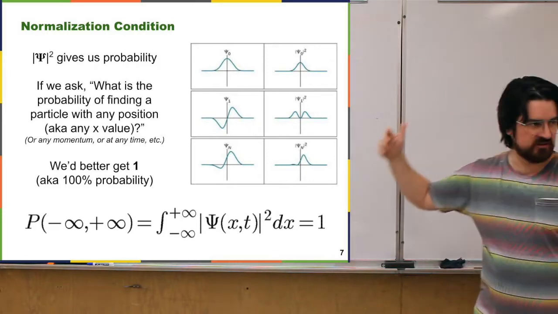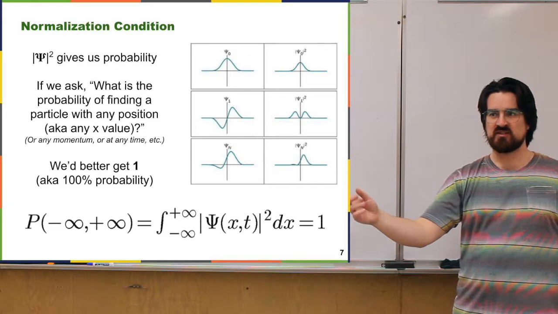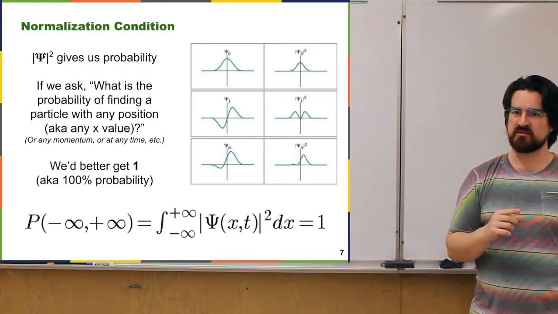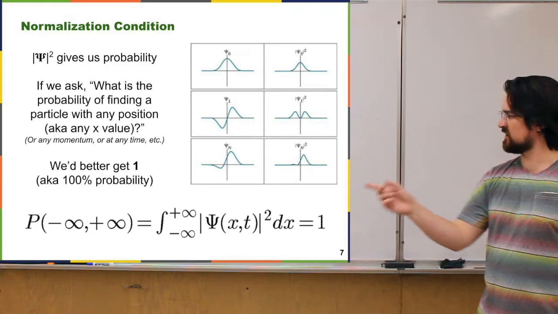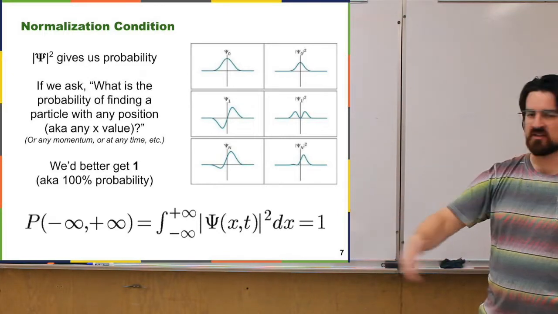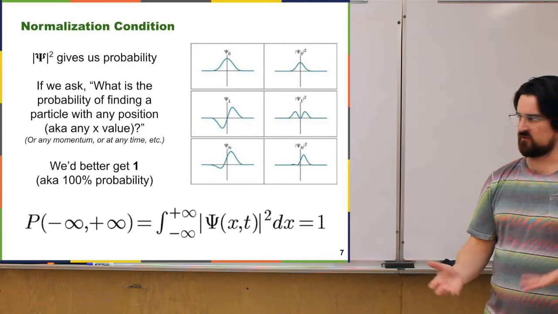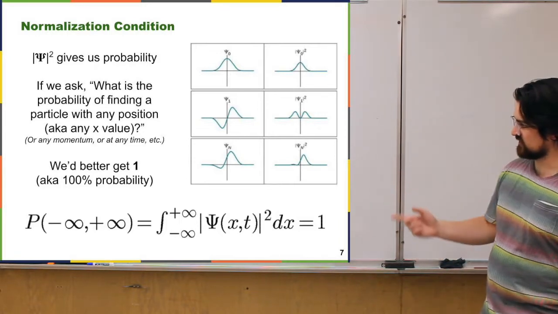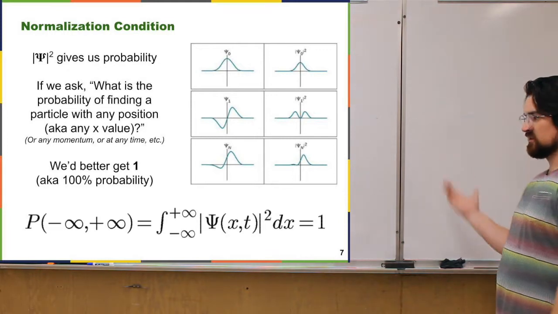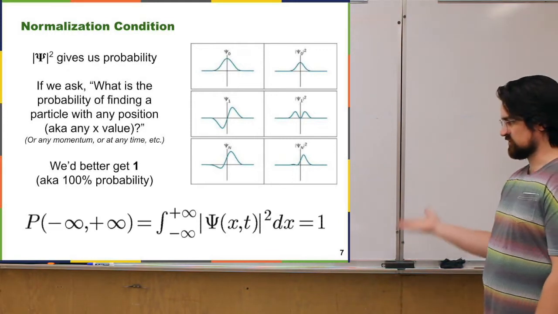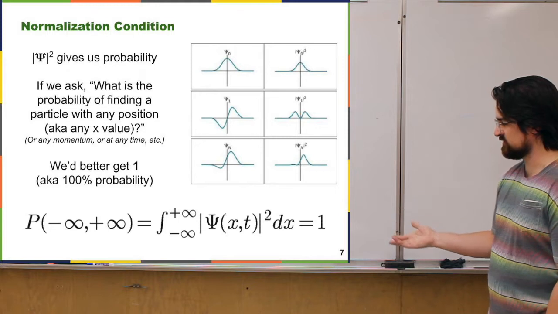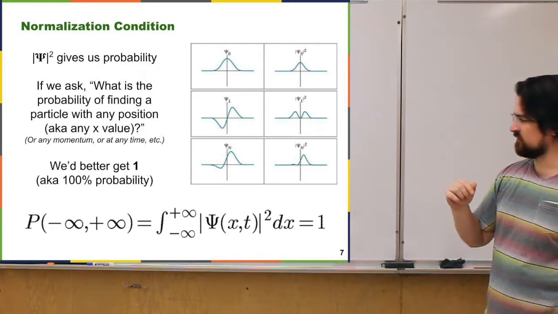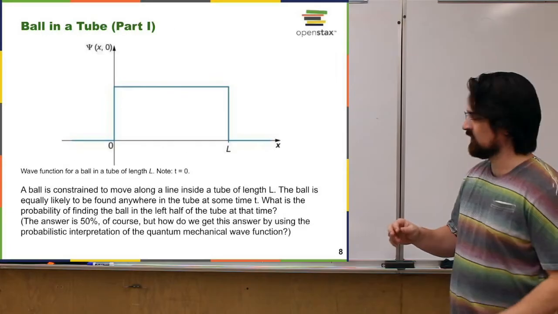Because if I look along the entire x-axis, there better be a 100% probability that I'm going to find the particle somewhere. If I take the whole line into account, the probability that I find it is 100%, equal to 1. Mathematically, that means the probability from minus infinity to plus infinity is the square of the magnitude of this wave function integrated over all x, and that has to be equal to 1. This is our normalization condition.